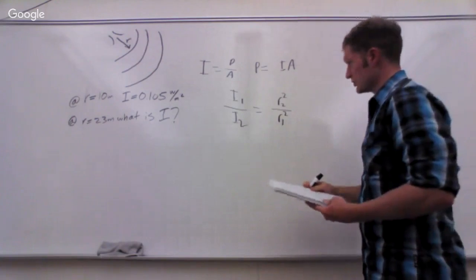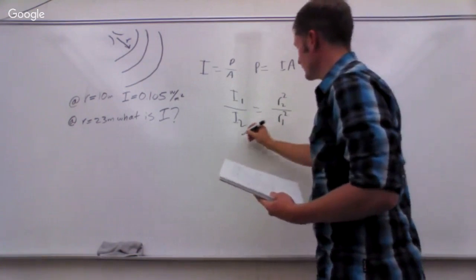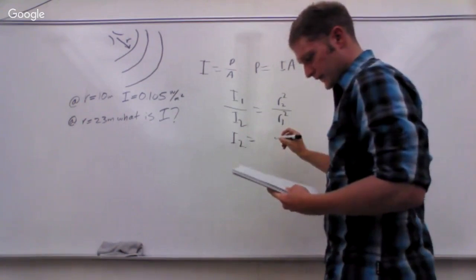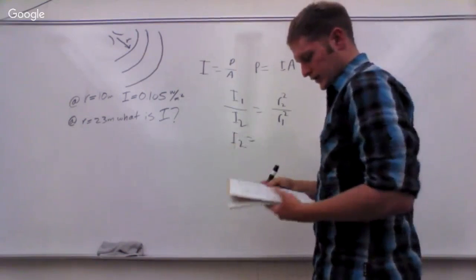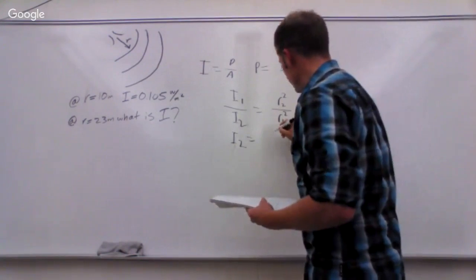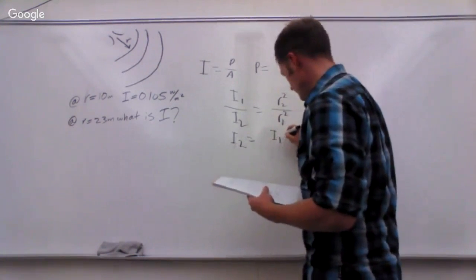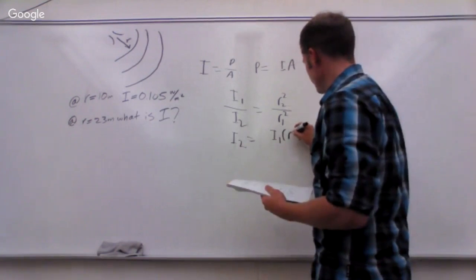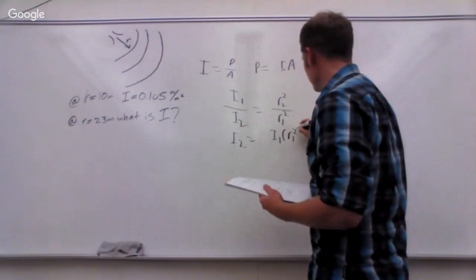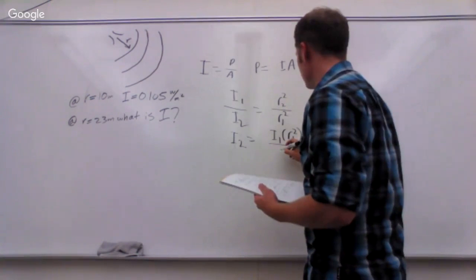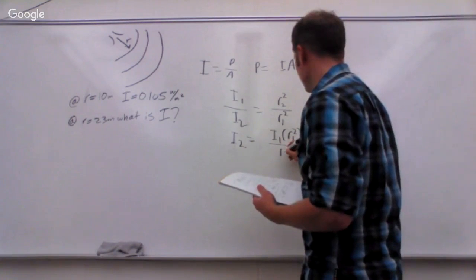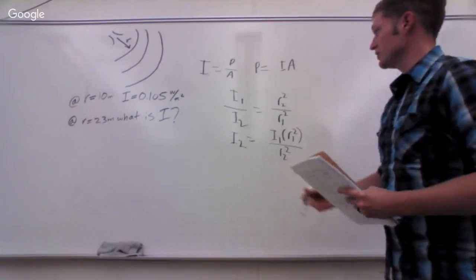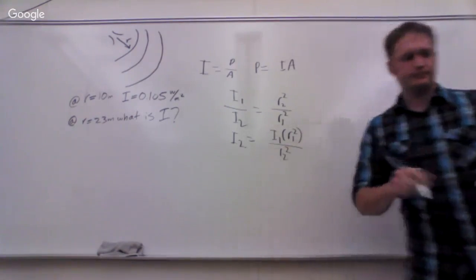Solving that for the second intensity, we get I2 is equal to intensity 1 times R1 squared over R2 squared. Those are the equations that we'll use to solve this one.